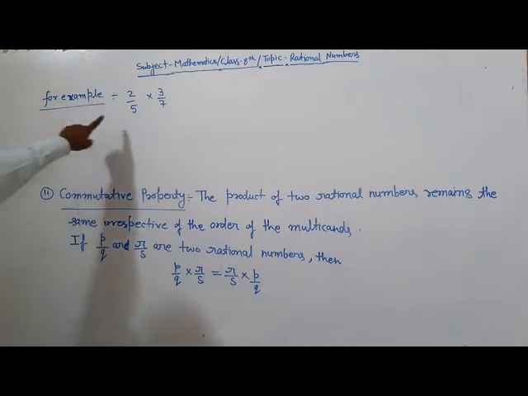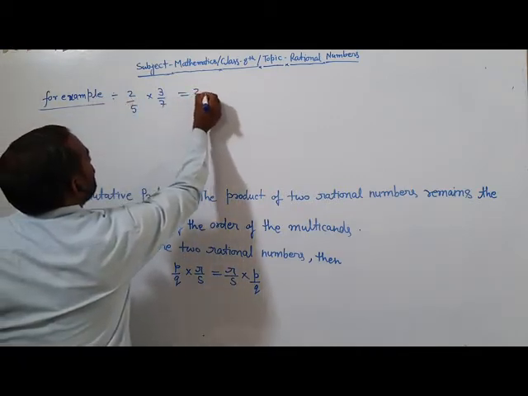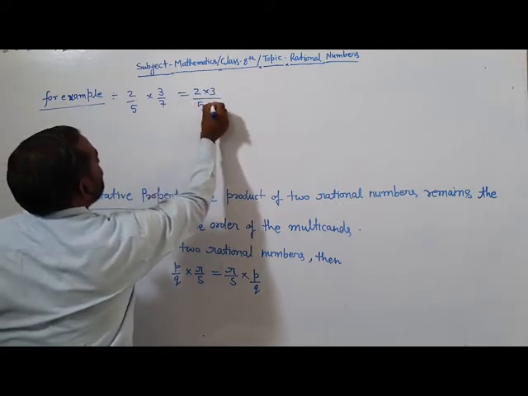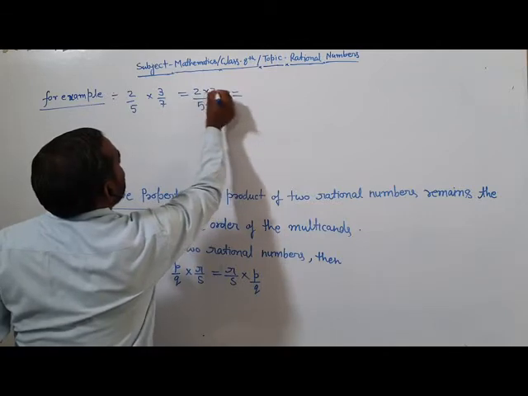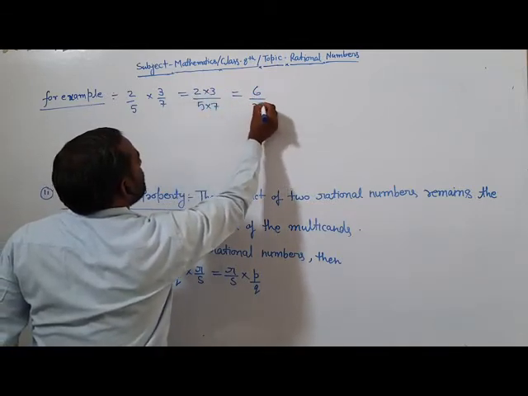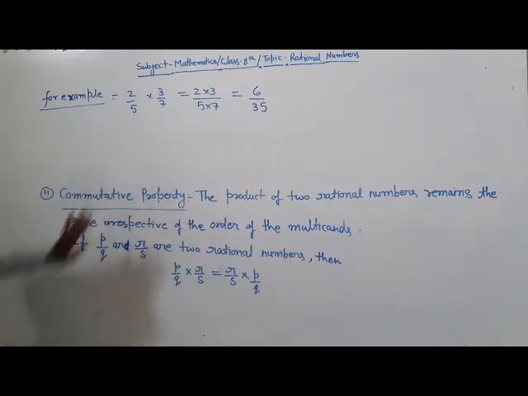We have to multiply 2 into 3, 5 into 7, which is equal to 6 over 35, since 2 threes are 6 and 5 sevens are 35. Now we have to change the order.